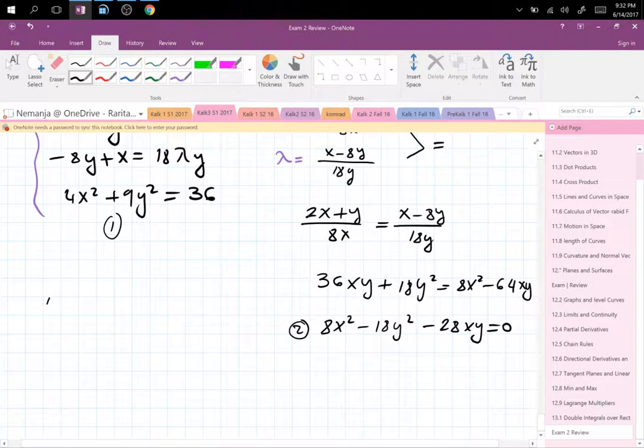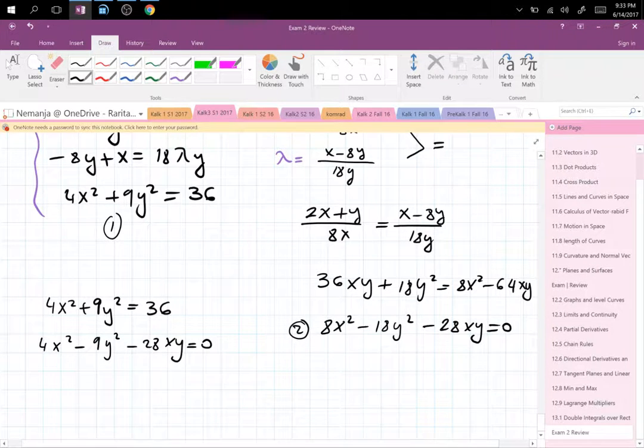So I have 4x squared plus 9y squared is equal to 36. And I can actually divide by 2. So divide by 2, I get 4x squared minus 9y squared minus 14xy equals 0.